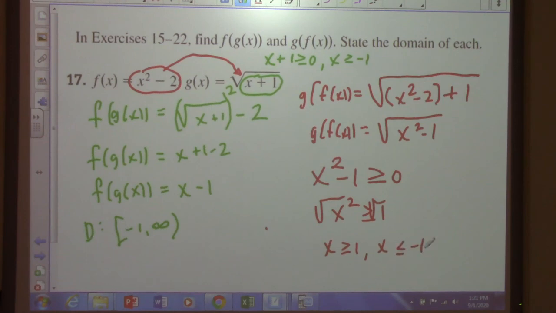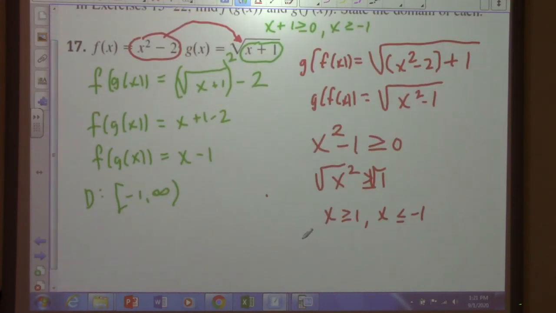So this will be your domain here, and you can write that in interval notation as: domain, negative infinity, negative 1, bracket, and then union, 1, comma, infinity.